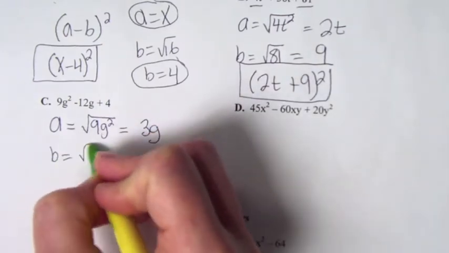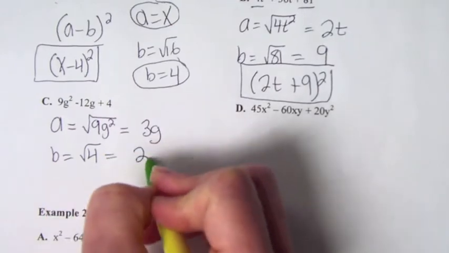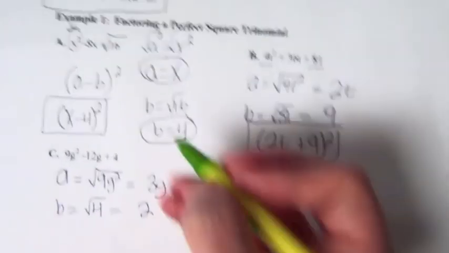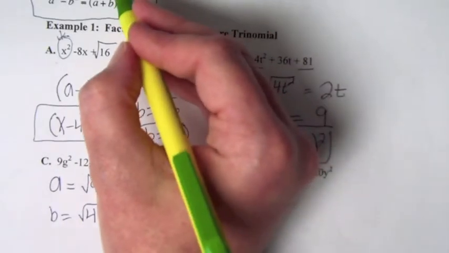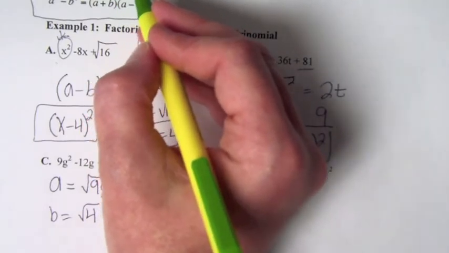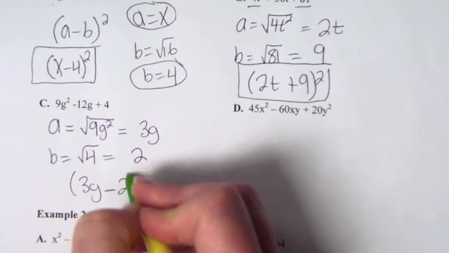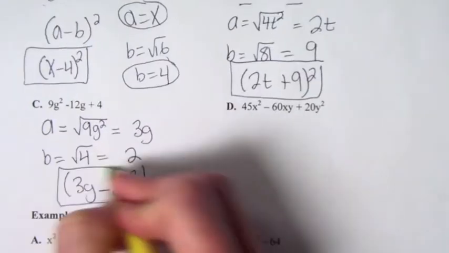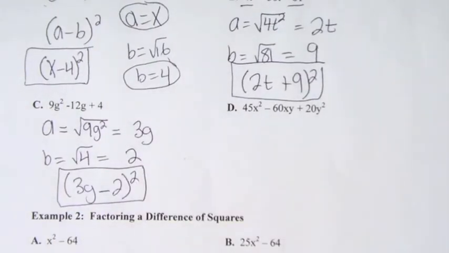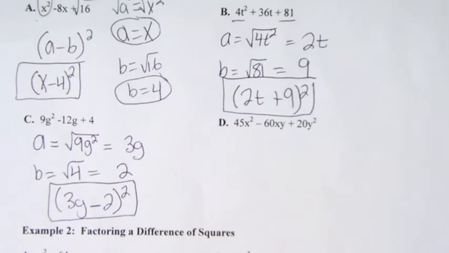B is going to be square root of 4, which is 2. Then if we look up here at this middle one, it's going to come into the form a minus b squared. So then that's going to be 3g minus 2 squared. So the hardest part about this, guys, is figuring out which formula to use. And then also perfect squares. You have to recognize perfect squares.